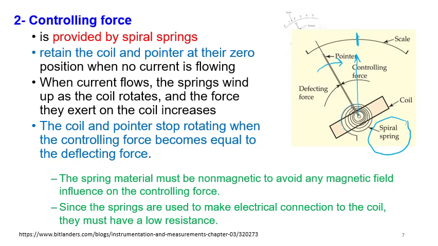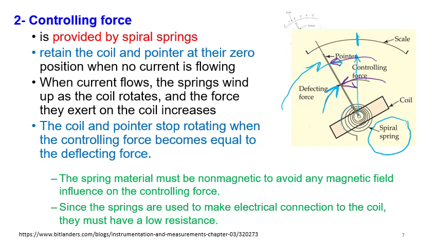So some energy will be stored in the spring, which acts like a force against the deflection force. If you look here, this is the deflection force, which is pushing the pointer in this direction, and there will be a force generated by the spring, which will be in the opposite direction. So we call this the controlling force. Again, mainly the controlling force is to carry the pointer to the point of measurement, not exceeding the point of measurement.